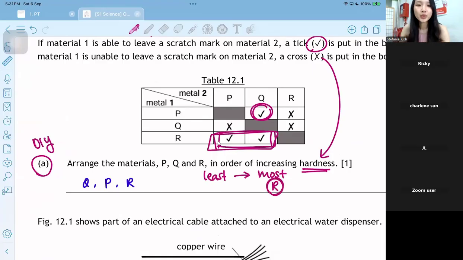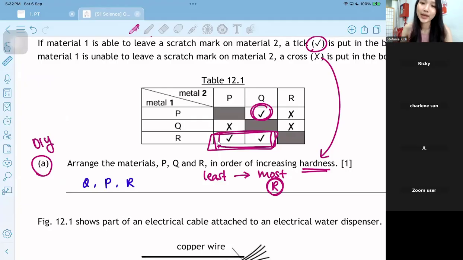It can scratch both P and Q. And then you chose, that means your order is wrong, actually. It's just the order that is wrong. You understand? The sequence is that R is the hardest one.